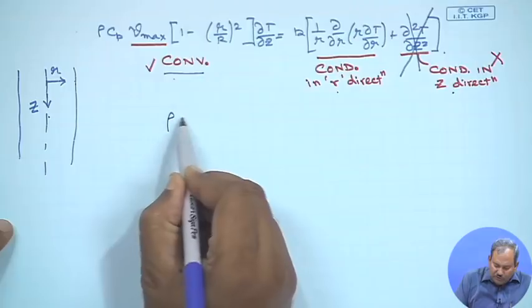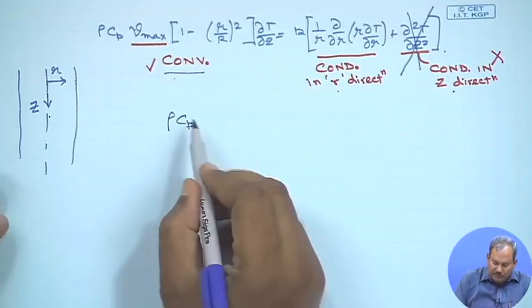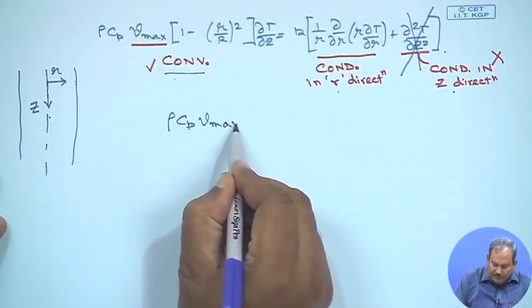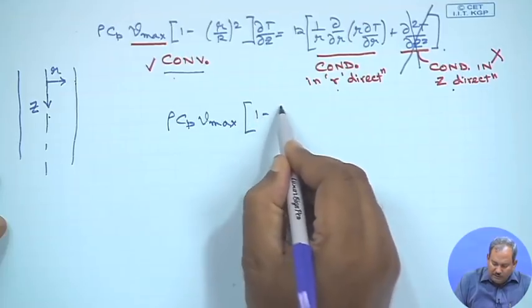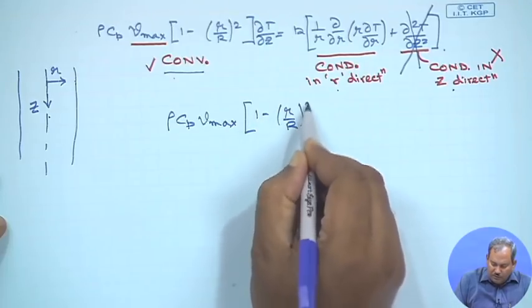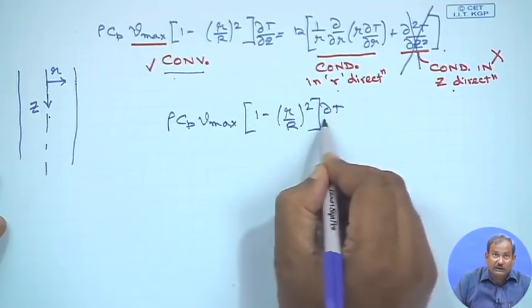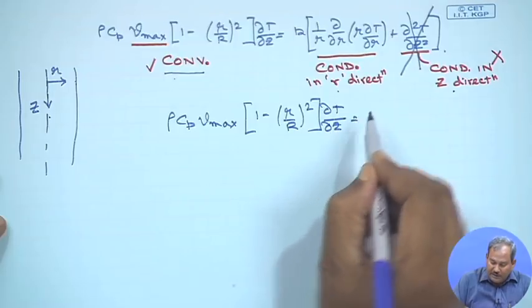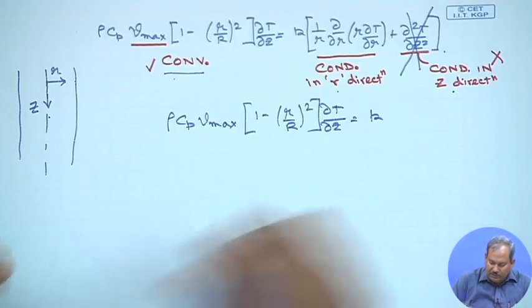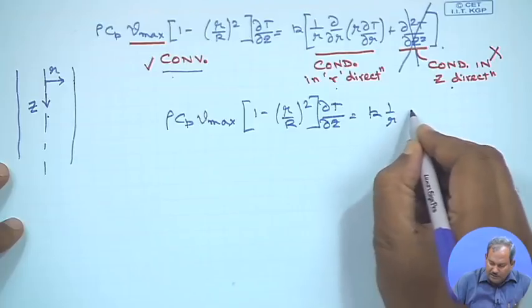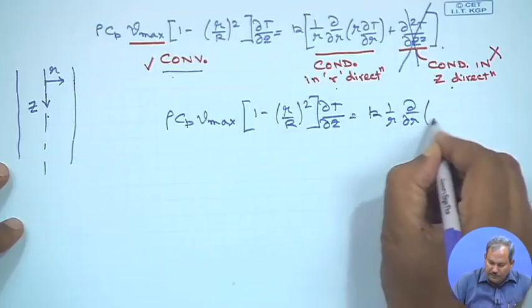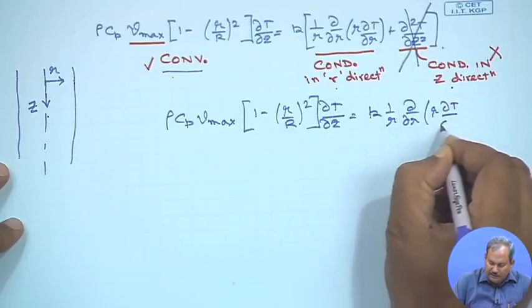So, my reduced governing equation now takes the form Vmax times 1 minus r by R whole square times del T del z is equal to k times 1 by r del r of r del T del r.